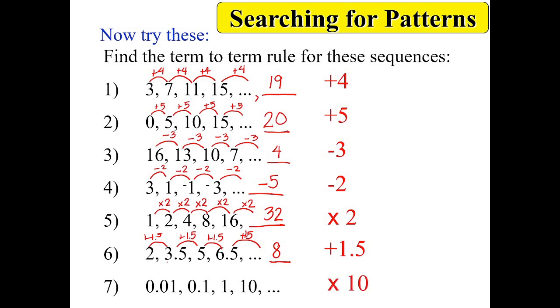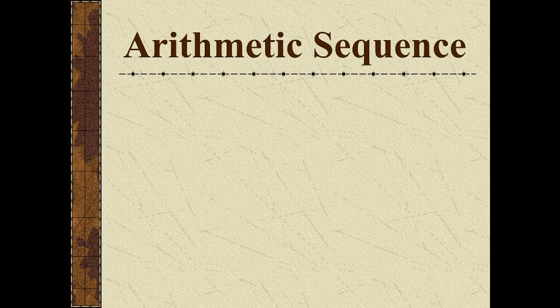So if I'm going to multiply this by 10, I'll be getting 0.1. 0.1, multiply that by 10, I'll be getting 1. 1 times 10 is 10. So the next term is simply 10 times 10. That will be 100.